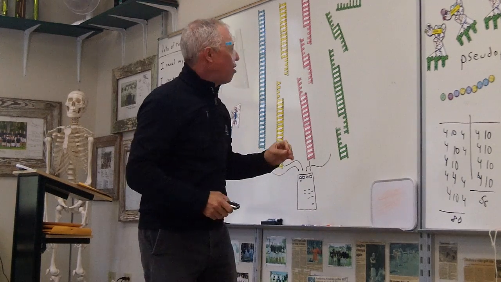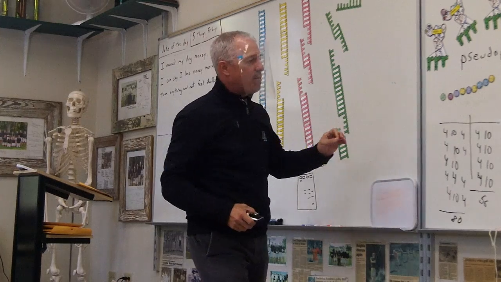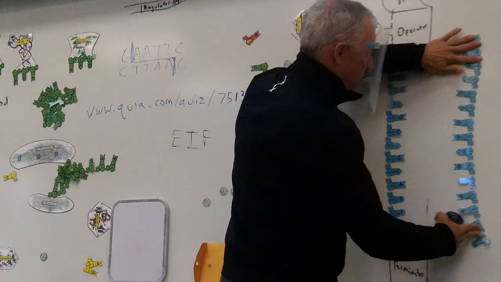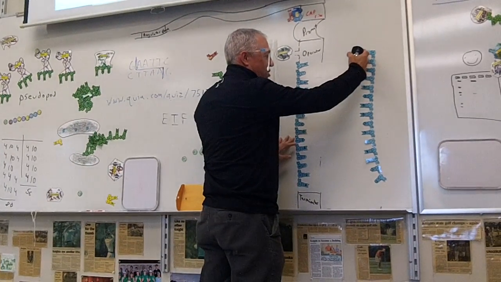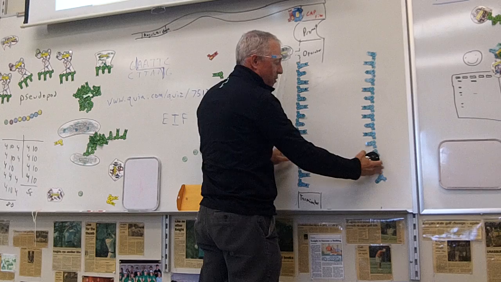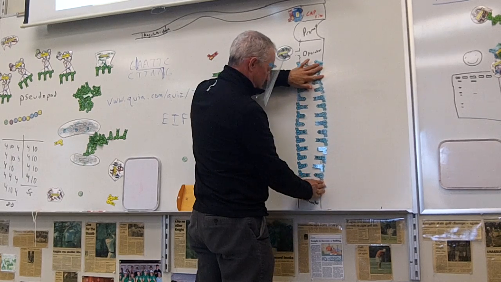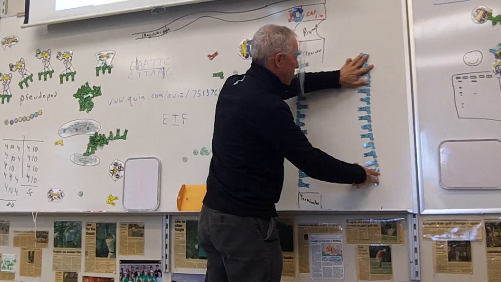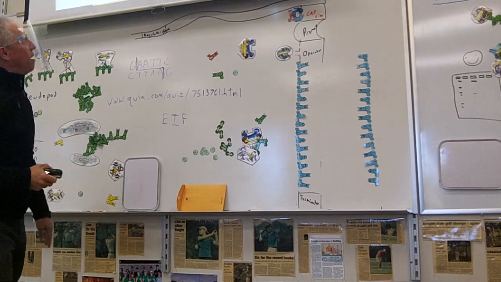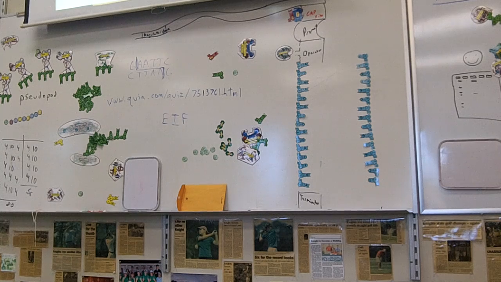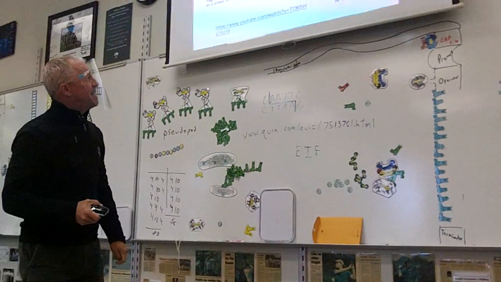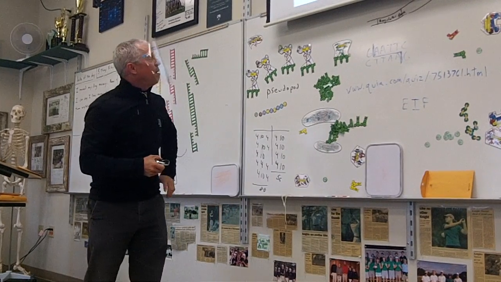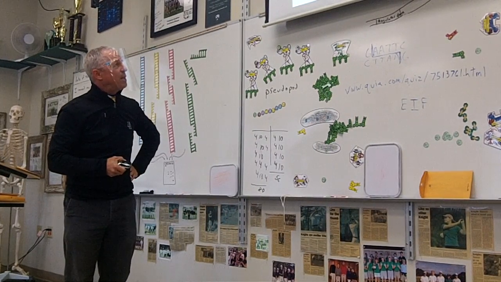A DNA probe is a short piece of DNA, and it's just half of a DNA strand, and it will stick to the DNA that you're interested in.